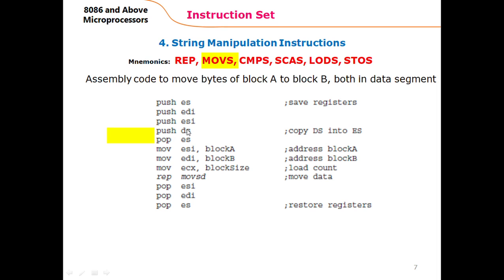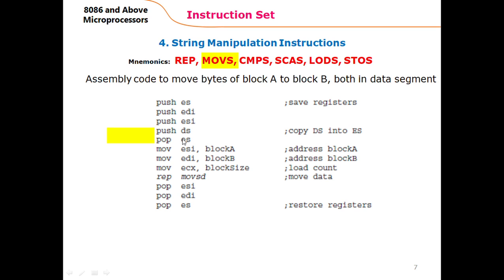So basically, these two instructions copy the 16-bit value in the data segment register into the extra segment.